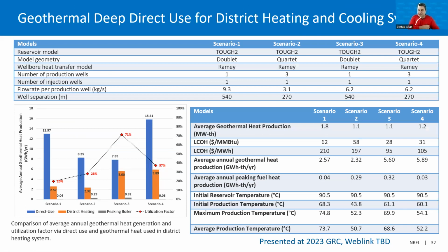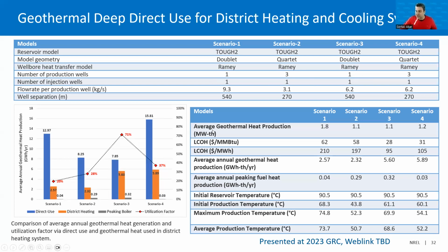Another thing, this is actually related to our project, which we described in GRC this year. The district heating project, a heating and cooling project we modeled. We modeled 4 different scenarios with duplet and quartet models using the GeoFire's built-in TOUGH2 simulator.